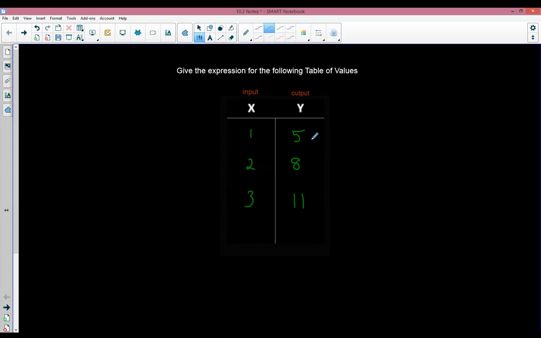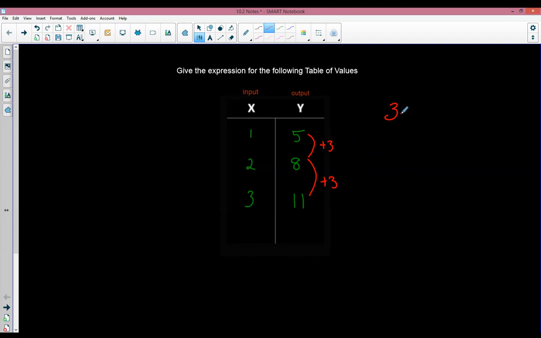What is the skip count that's happening between each of these numbers? We'll take a look and see, hey, it's going up by an increase of 3 each time. This number becomes our numerical coefficient, and in this case, it was 3.